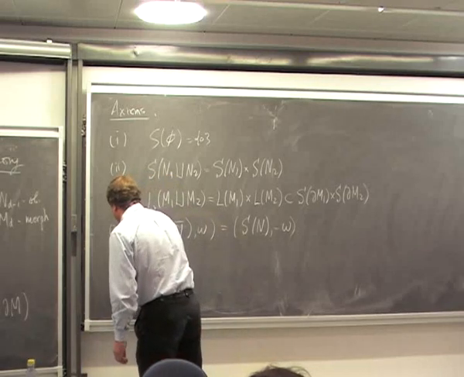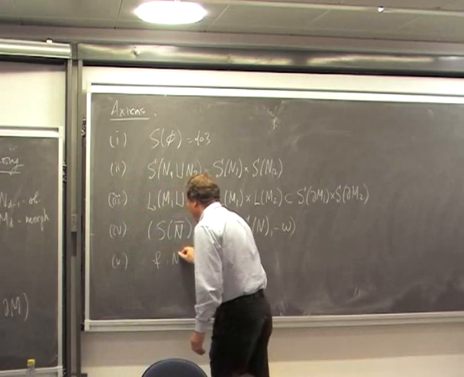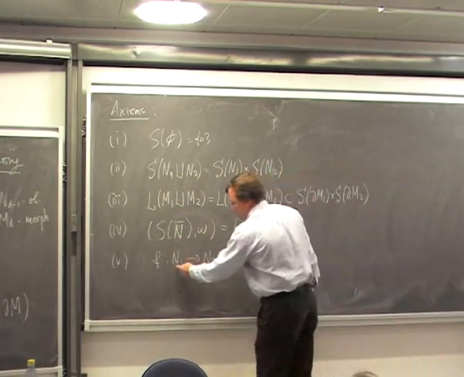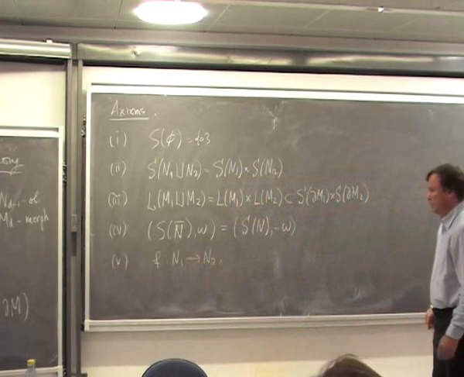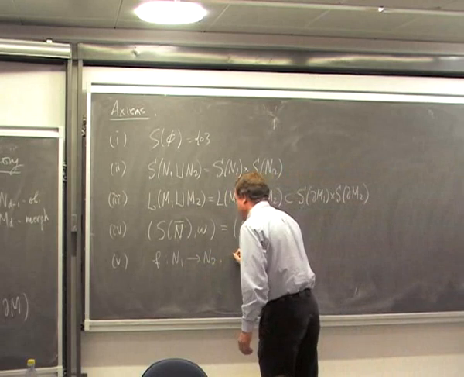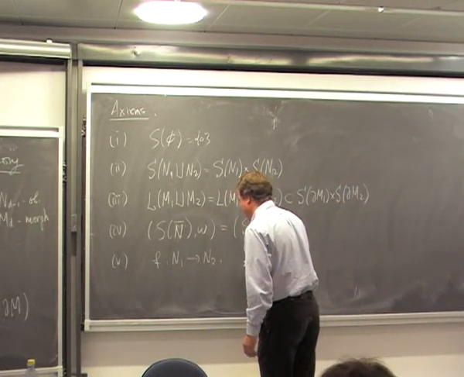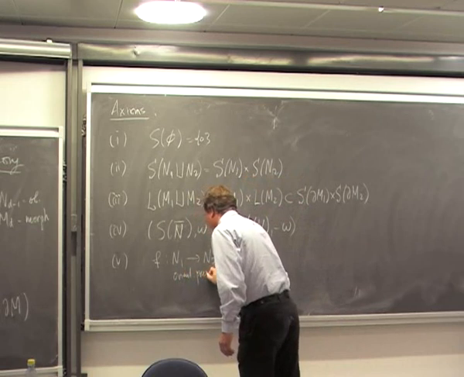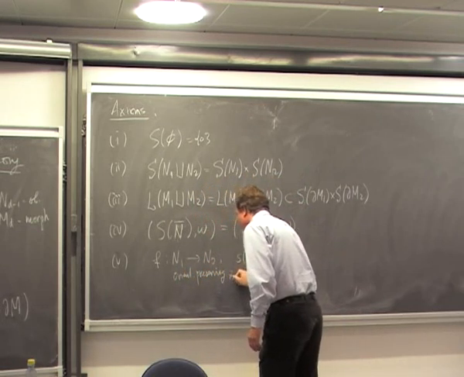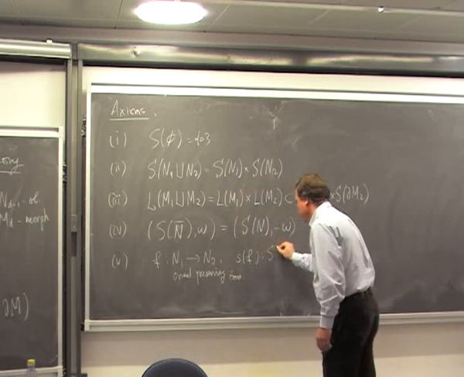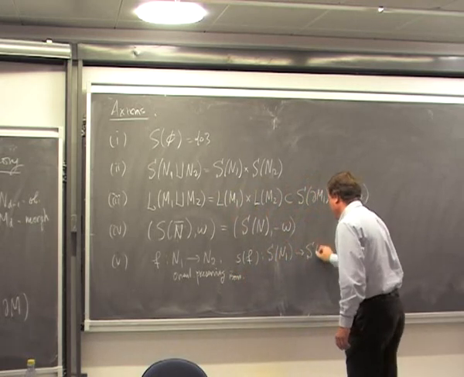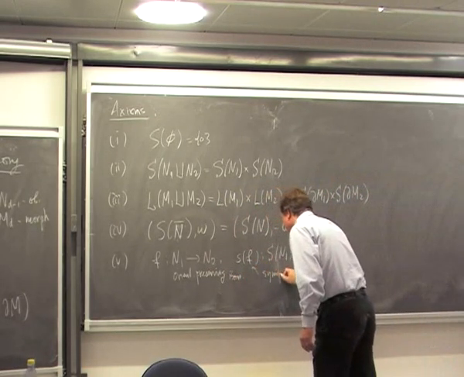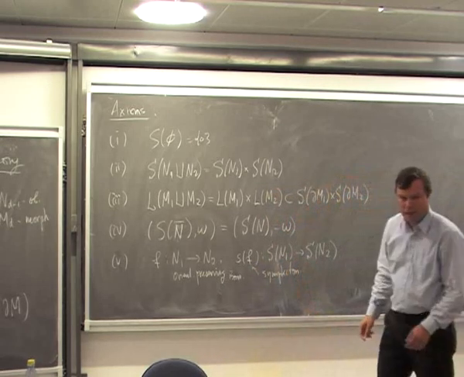Then if we have a mapping from N1 to N2, an orientation preserving isomorphism, then it leads to a symplectomorphism of the corresponding symplectic manifolds.